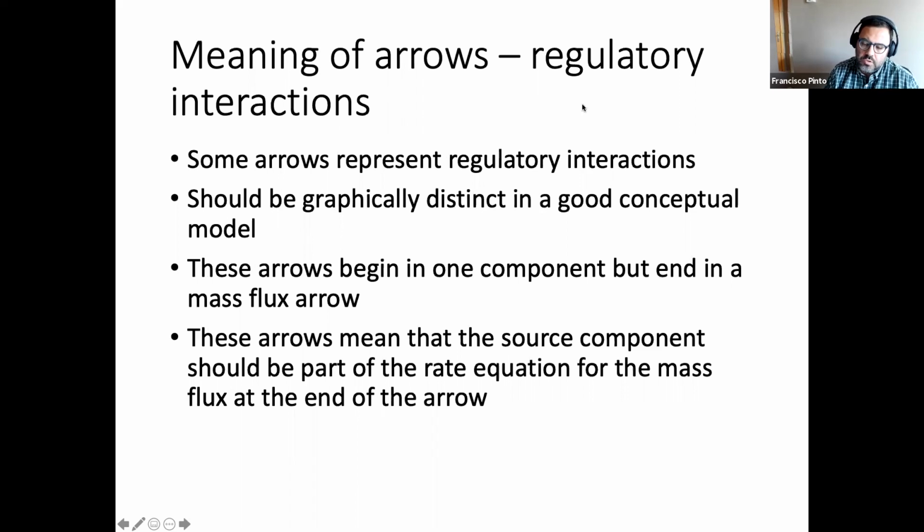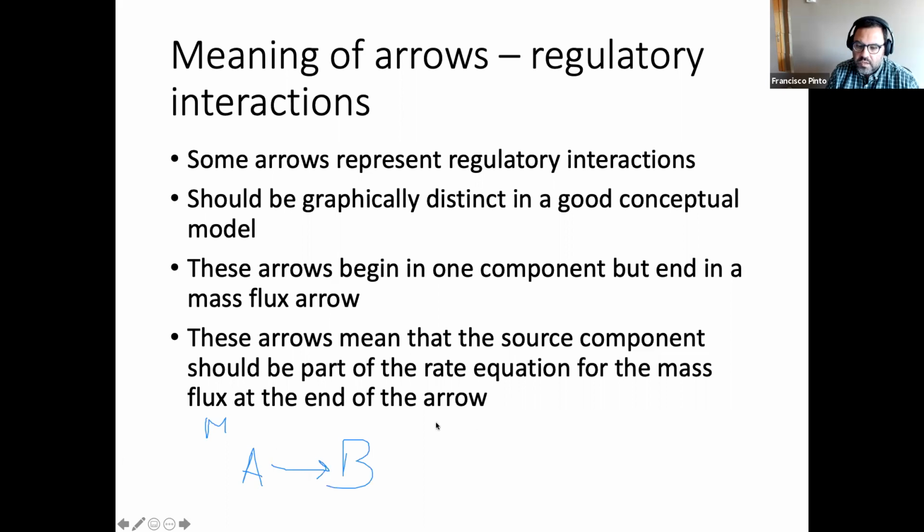But there are also in your conceptual models, usually, other arrows that are regulatory interactions, like instead of being a mass flux, an information flux. Those arrows are different because if you have a mass flux, you have an arrow connecting A, where A is transformed into B. So this is a mass flux.